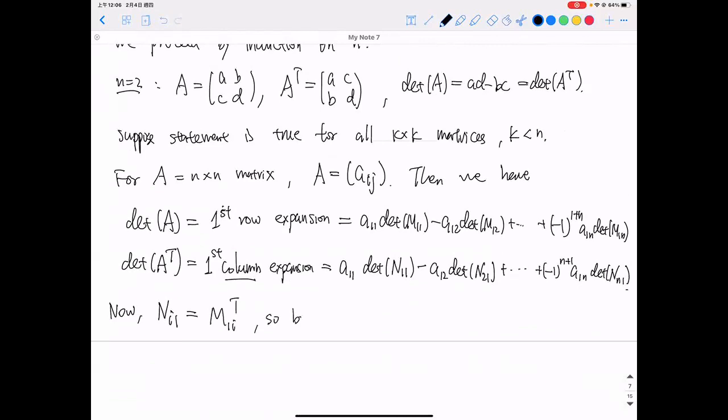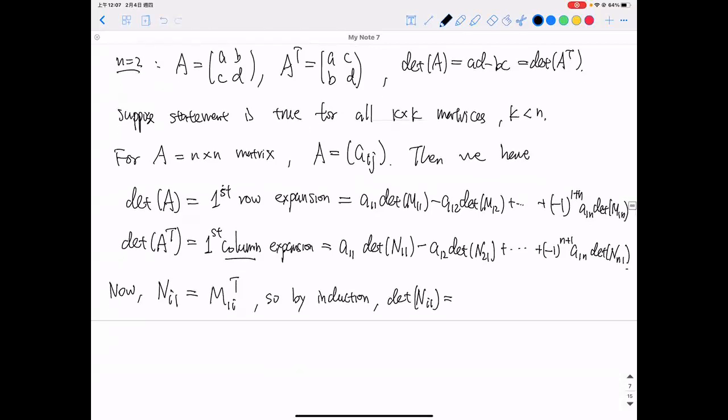So by induction, because this minor is of size n minus 1 by n minus 1, by the induction hypothesis the matrix and its transpose have the same determinant. So we have determinant of Ni1 equal to determinant of M1i, for i going from 1 to n.